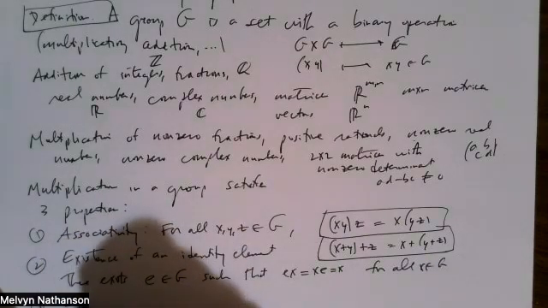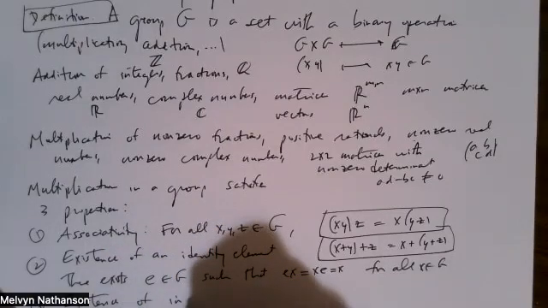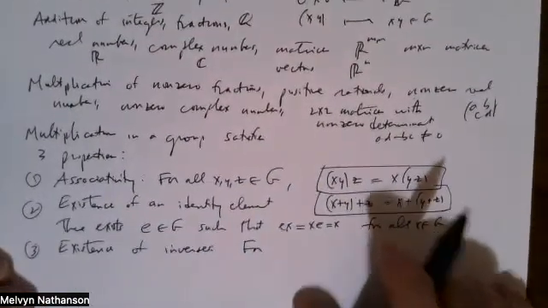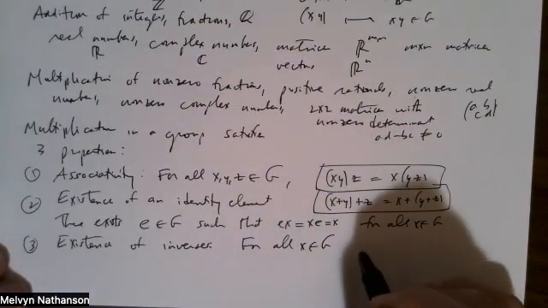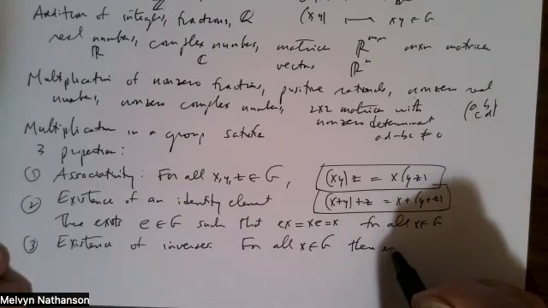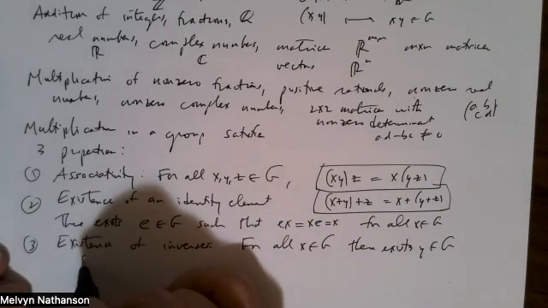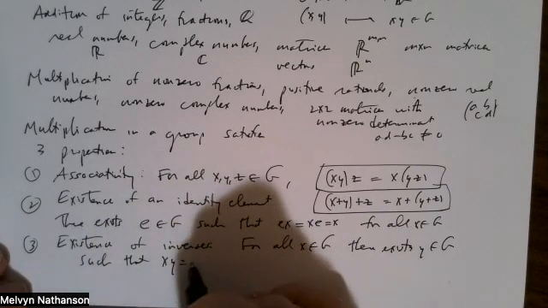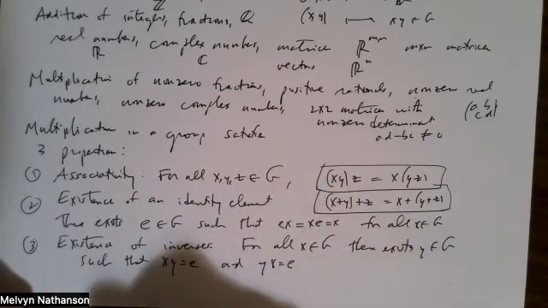And the third property is existence of inverses. Right? For all x in the group, there exists an element y in the group such that xy is the identity and yx is the identity.